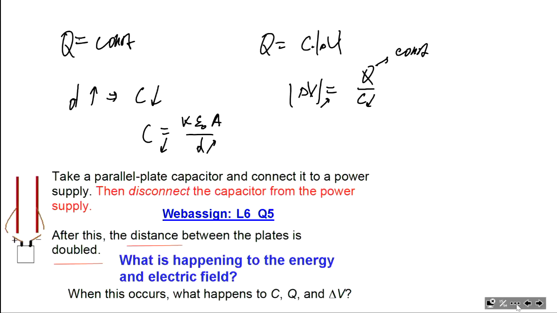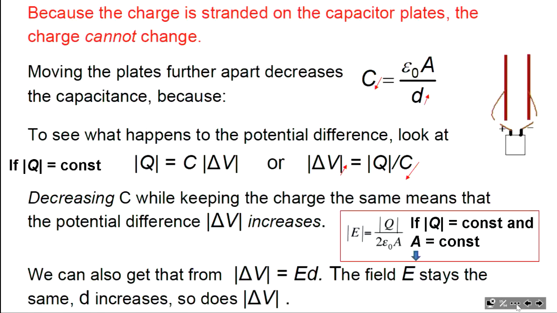This was the demonstration we did yesterday. Distance goes up and voltage goes up, distance goes down and voltage goes down. I was moving plates away and the meter was indicating the change. Any questions? All right, so that's the answer.